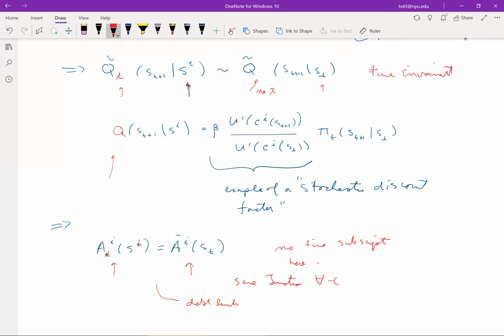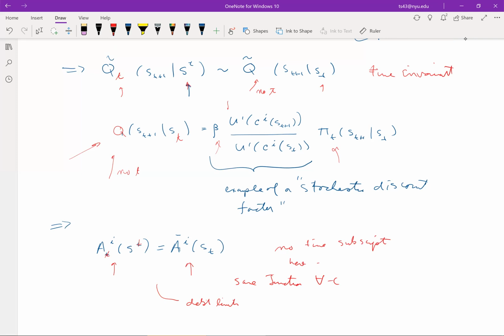This is just going to be a function of, I'm going to lower this now. It's really important to keep track of this, and there's no t here. So this is a time invariant, one step ahead pricing kernel. And how did I get away with eliminating the t? Well, there's no t in these functions. There's no t here. There's no t here. Oh, there's a t here.